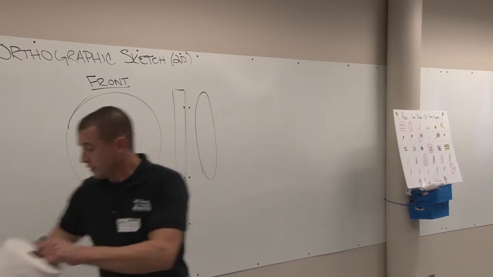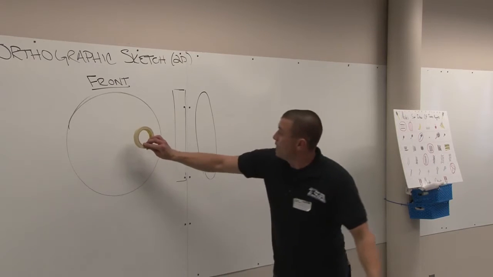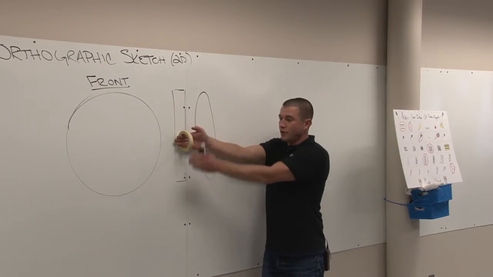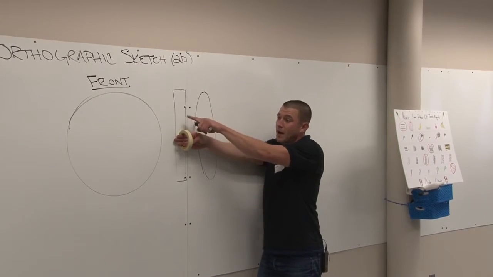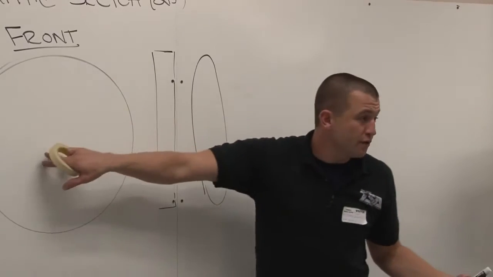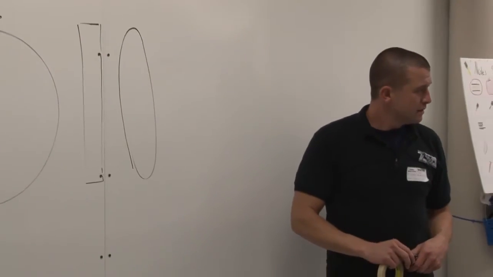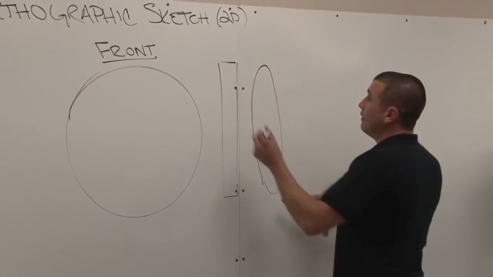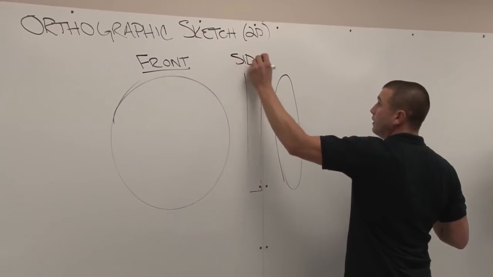And same thing for the penny. If I turn the penny sideways from front to side, all you would see is this part here. You wouldn't be able to tell that it's popping out like this but you would see that shape over here in the front view. Does that make sense? All right, so I'm going to label this one here side. All capital letters.